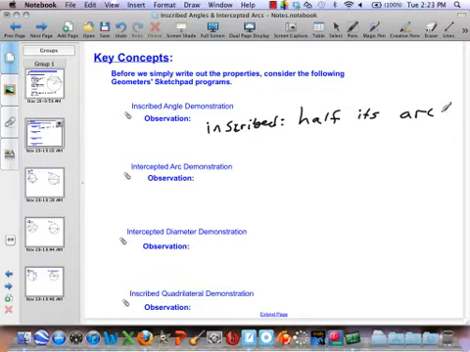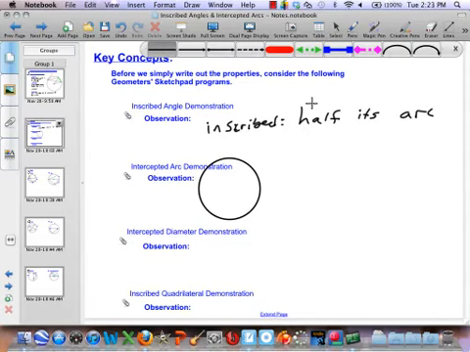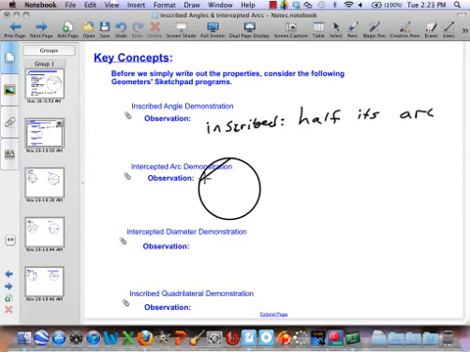On the next one, if I had two inscribed angles that intercept the same arc, notice that both this angle and this angle intercept the same arc, right here.